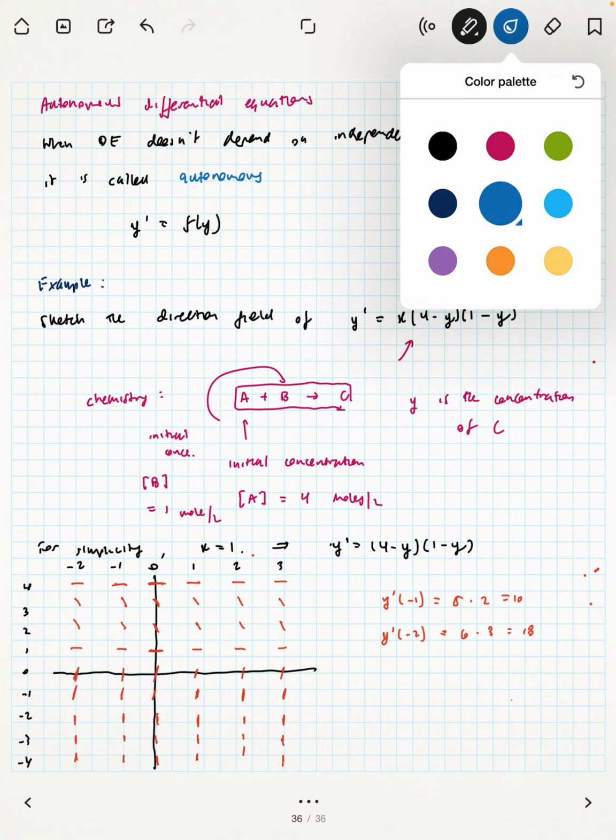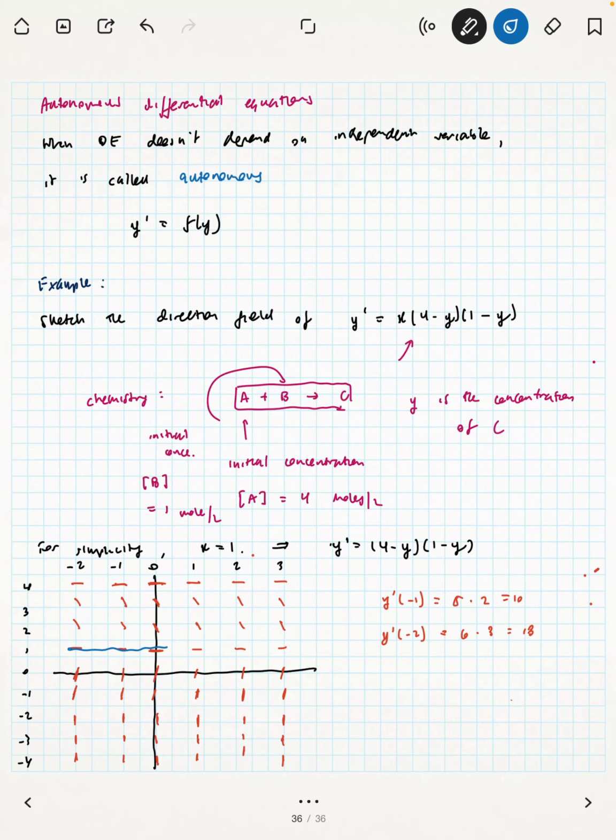So now we can see some solution curves. First of all, we have the stationary curves, or the equilibrium solutions, y equals 4 and y equals 1. This represents the fact that if we're equal to one or the other, then we're just not going to get any change.